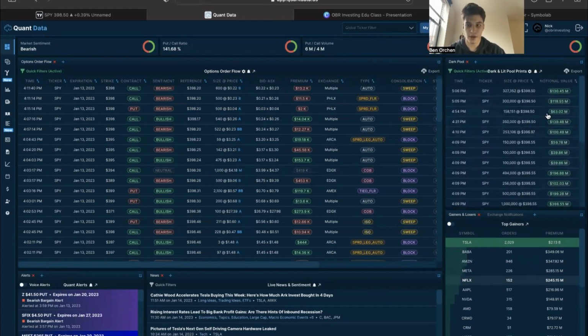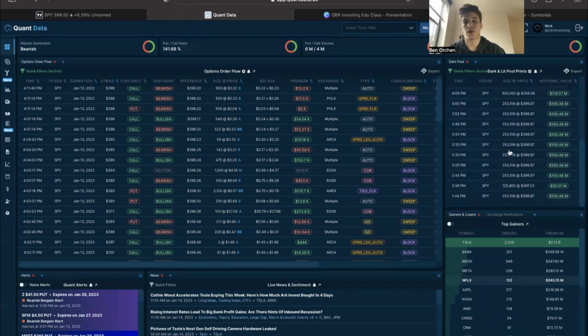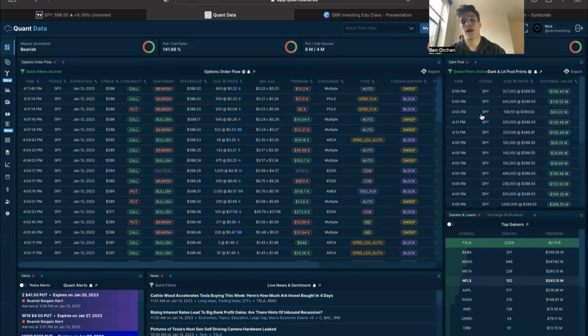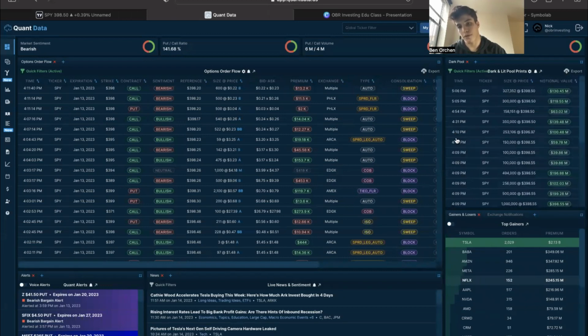What you'll see here is A, your notional value, and B, the underlying price at which it hit the tape. These orders typically happen throughout the day, but as you can see here, they also happen in the post market. You'll see orders hit the tape at around 4, 4:30, 5.